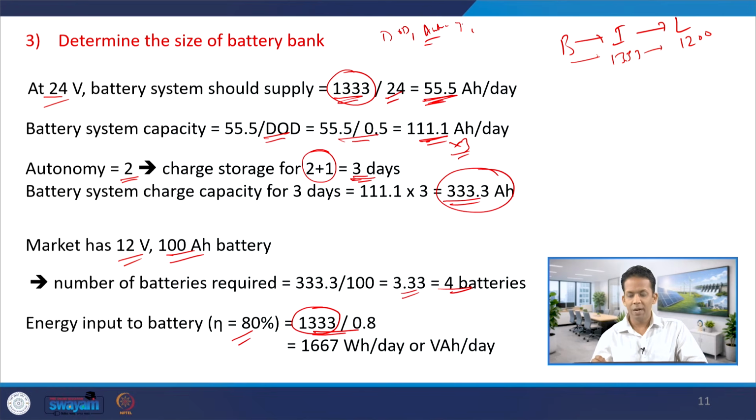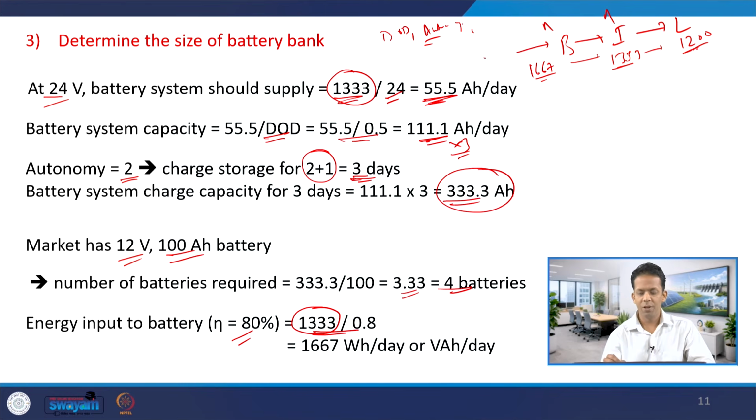Now battery has to receive much more than this based on its efficiency of 80%, which is 1667. So out of 1667, it is giving this much to inverter, and then out of this much load is 1200. It depends on the efficiency of inverter, efficiency of the battery.